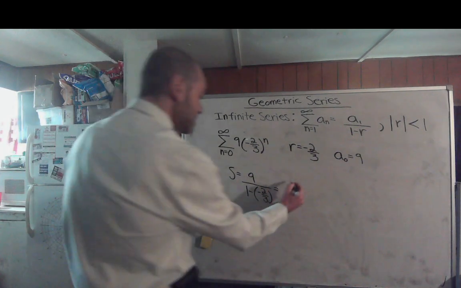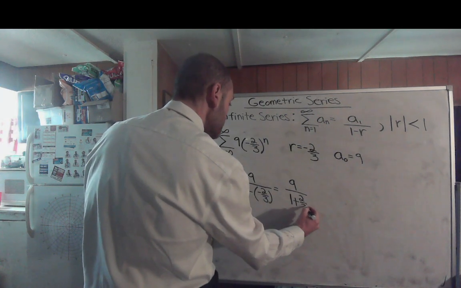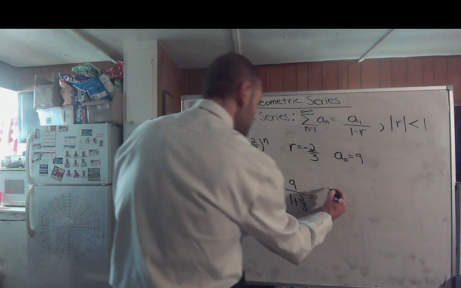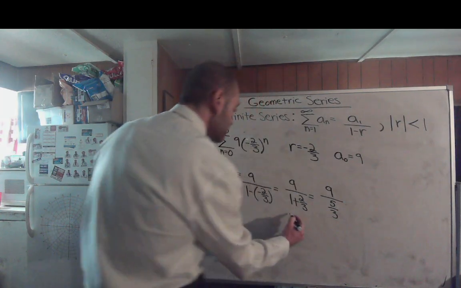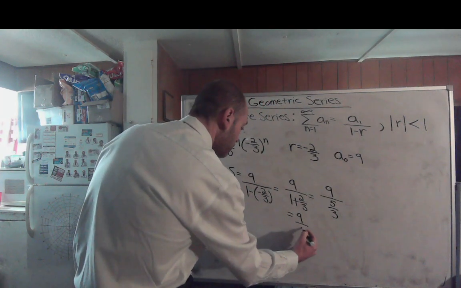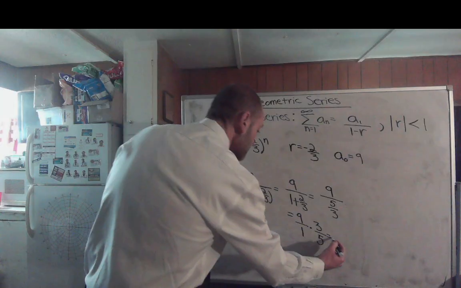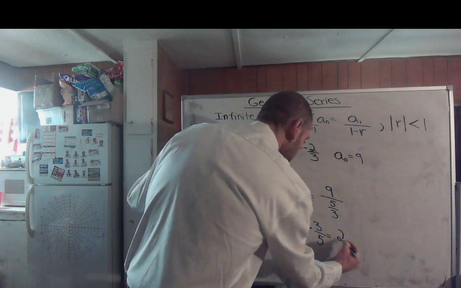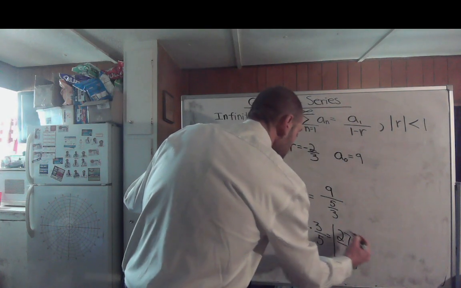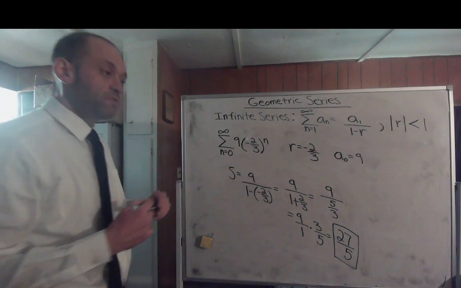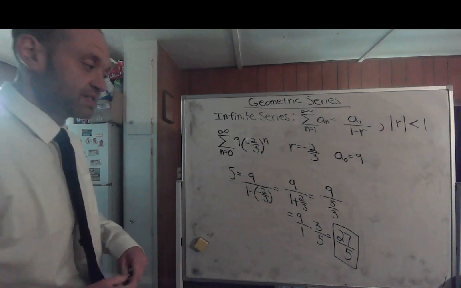Well, that's going to equal 9 all over 1 plus 2/3, which would equal 9 all over 5/3, which would turn into 9 over 1 times 3/5, which would really give you 27/5, which would end up giving you 5 2/5, or 5.4, for the sum of this series.